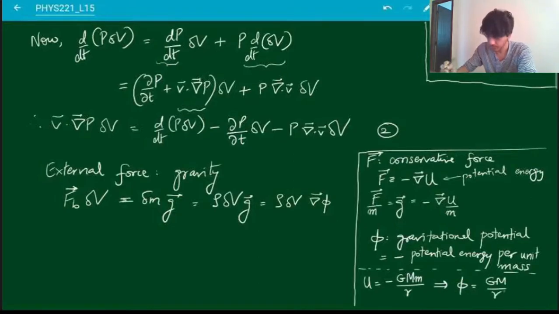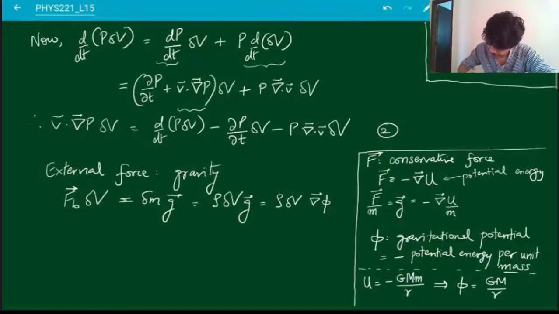So this is G M over r. So potential energy versus potential, it's just a definition of a quantity. So I'm writing g as gradient of this phi. Phi is a scalar quantity, so I'm taking gradient of it.